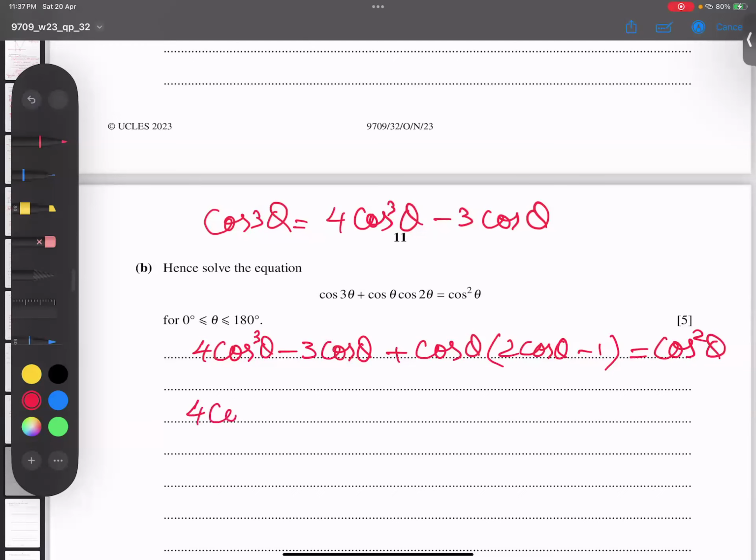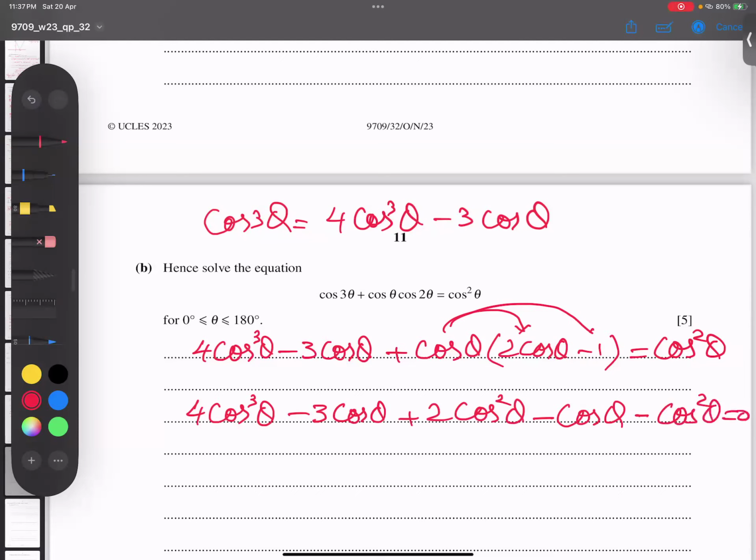So 4 cos cube theta minus 3 cos theta, and this multiplies inside with both. Plus 2 cos square theta and minus cos theta. Let me check. Okay, correct. Equal to cos square theta equal to 0.